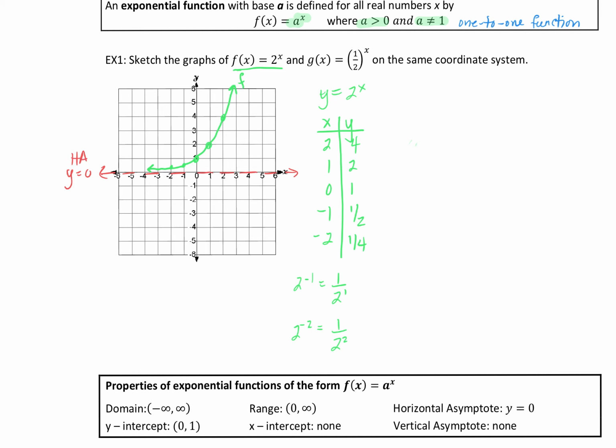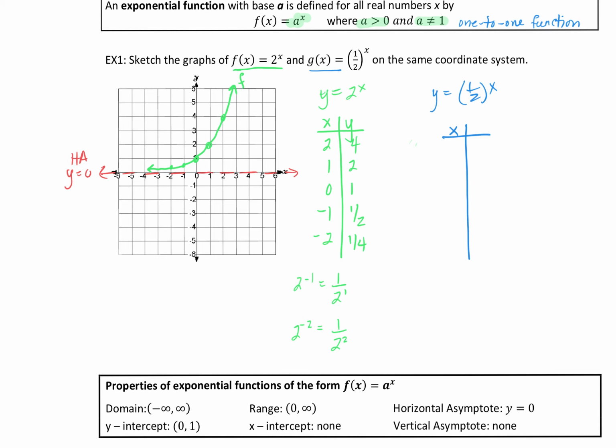I'm going to use blue for g of x, replace g with y, and graph y equals 1/2 to the x by making a table of values. Now remember what we did. We took the base 2 of f and we flipped it, and it became the base 1/2 of g.